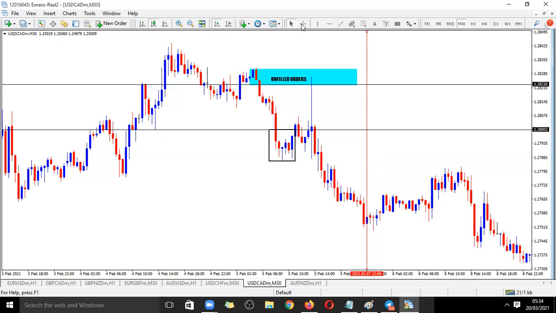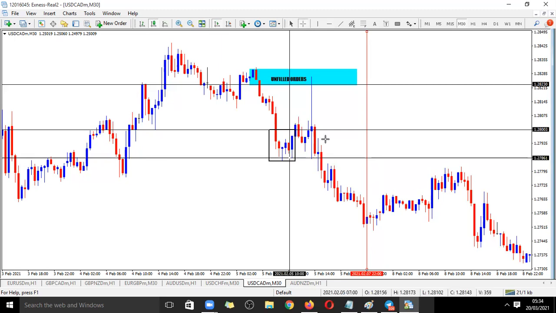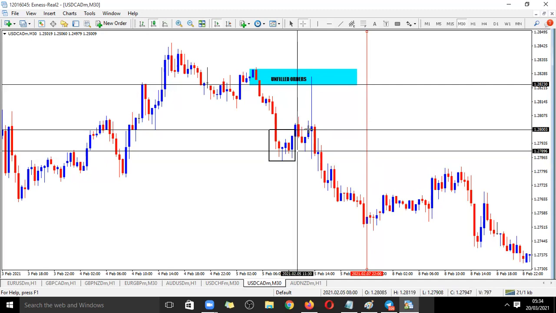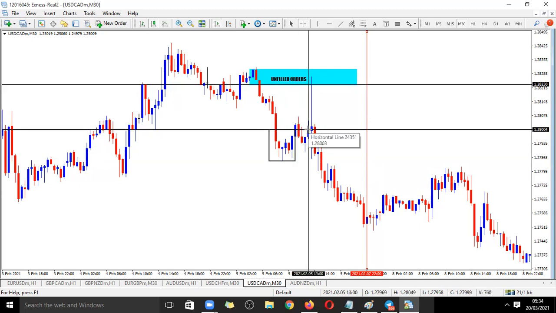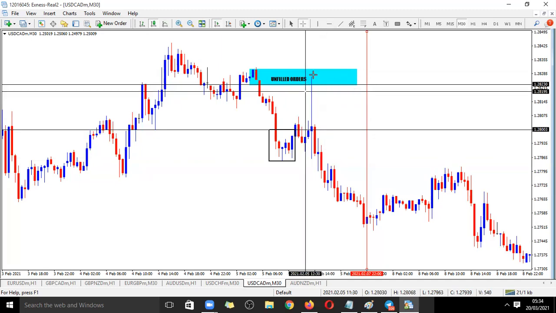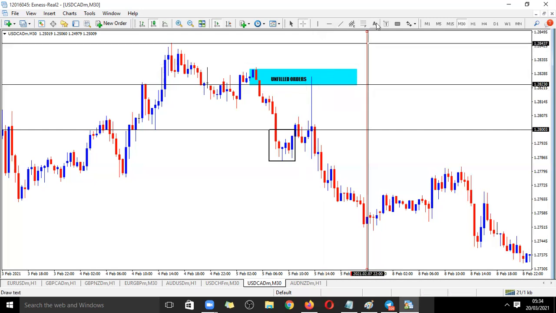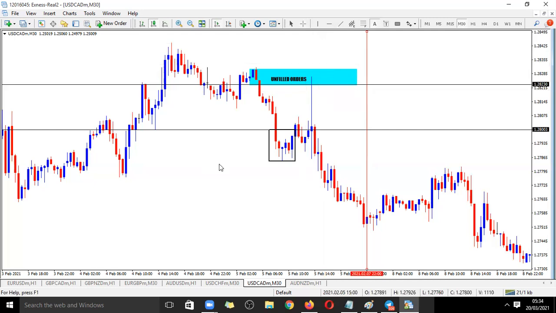So now before the event got released, price was just playing around here. So we didn't have a clear compression. So as soon as NFP got released, price went up, triggered the unfilled orders, and then rejected. So this is what we call our rejection.